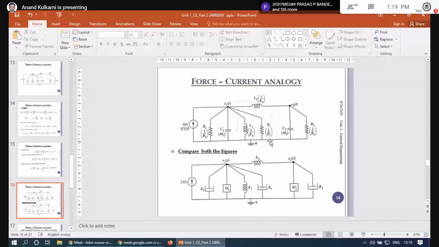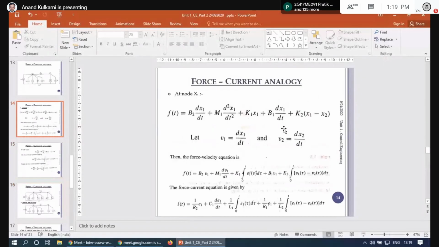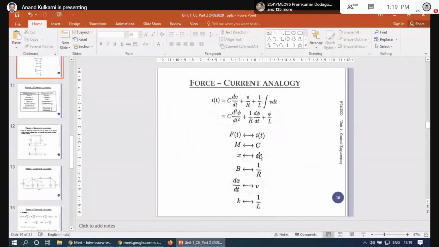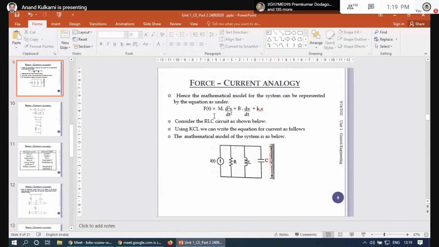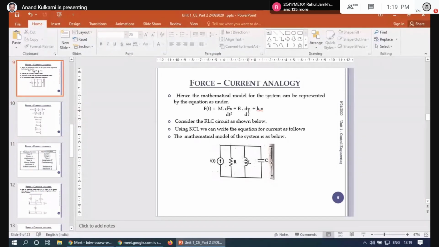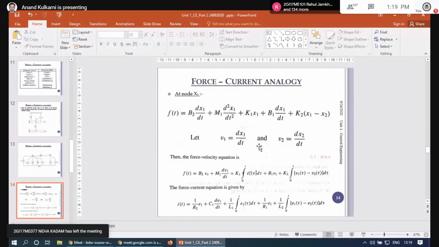We have explained both. While explaining, we kept the mechanical equation as standard and converted the electrical equation in terms of the mechanical equation. But while solving the problem, we kept the electrical equation as standard and converted the mechanical equation in terms of it.